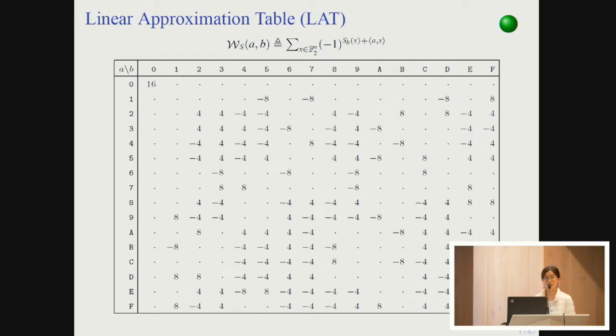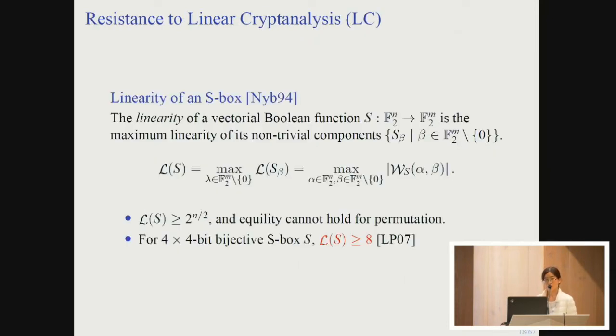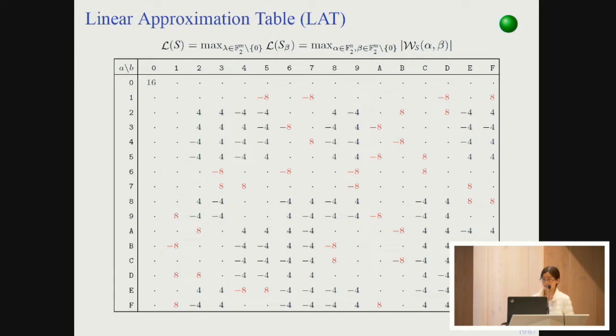We call the table formed by the Walsh coefficients the linear approximation table, and again the maximum absolute value in this table is defined as the linearity, and we desire S-boxes with small linearity.